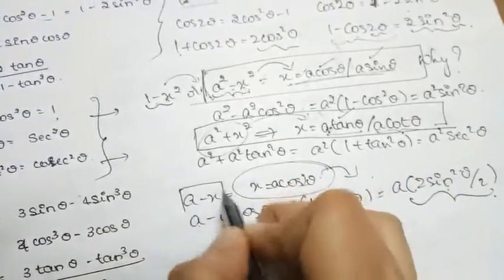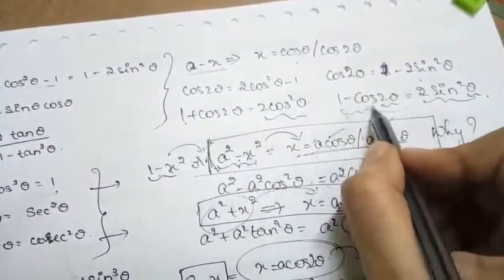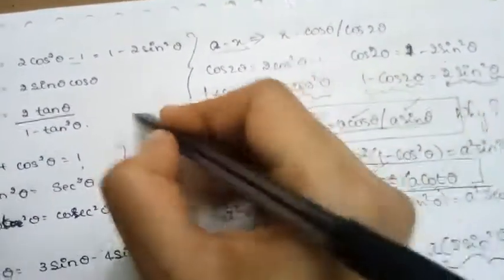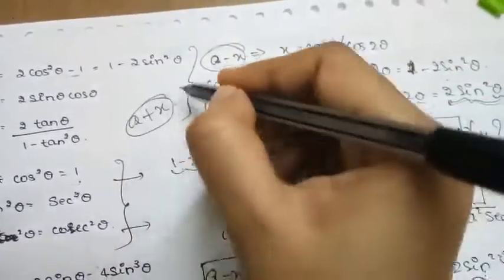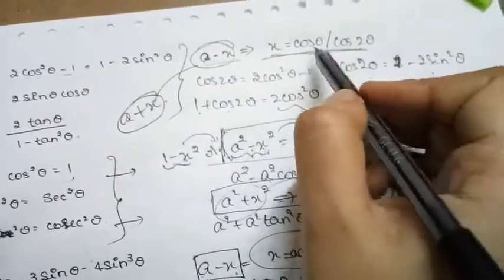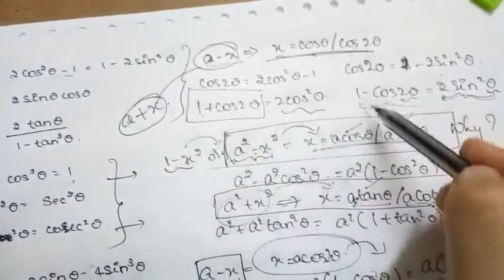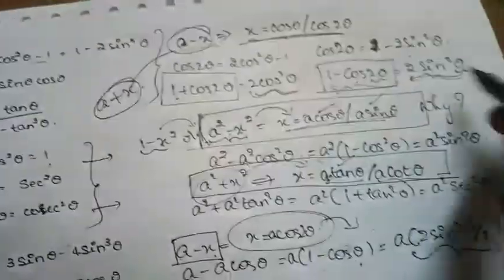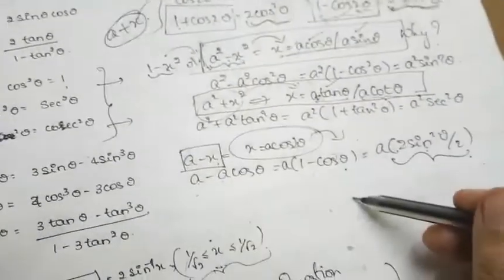But when it comes with a minus x or a plus x, in both cases we are substituting x by either cos theta or cos 2 theta, because we have the formula in both cases. In a plus x we are going to get 2 cos square theta, and a minus x means 2 sine square theta. That is how we deal with the substitution part.